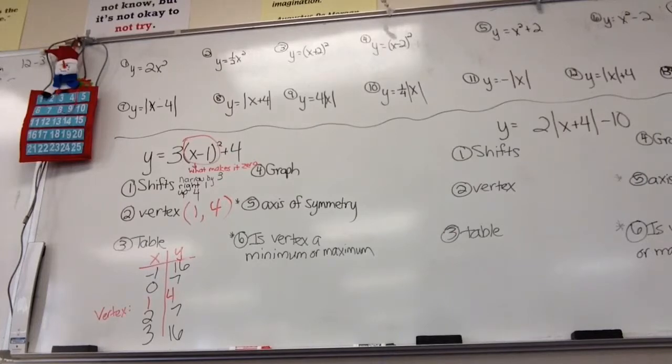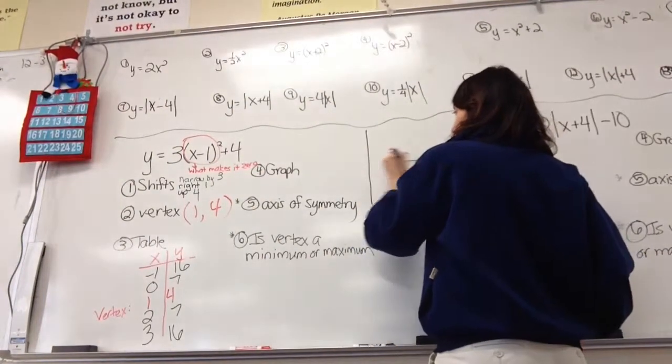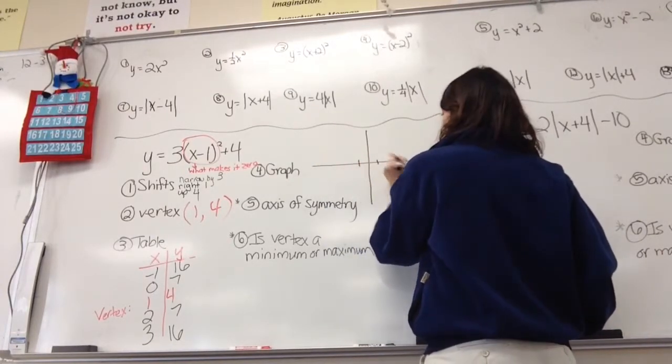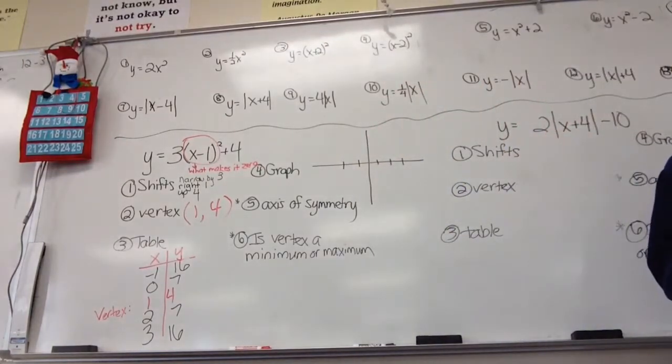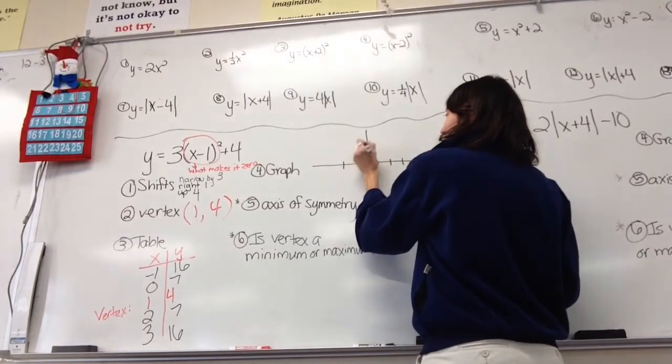Okay. Now when we make a graph, do you want to count by ones or do you want to count by something else? By 2s, halves, 4s. I'll count by twos.